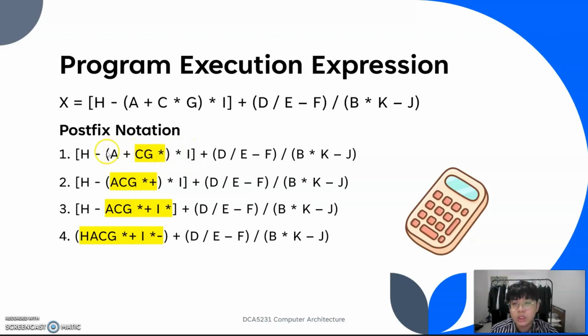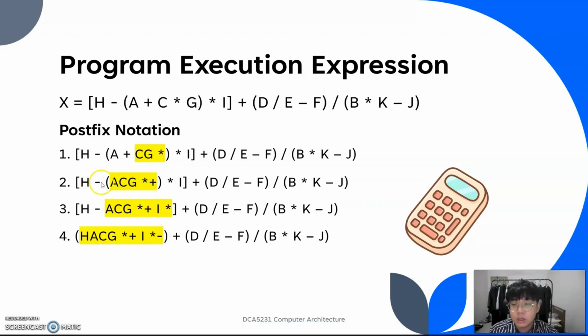It's still in the bracket, the a plus cg multiple, so we need to do the a first. The next line will be h minus acg multiple I. So we have done the bracket first, and we need to see the next step.